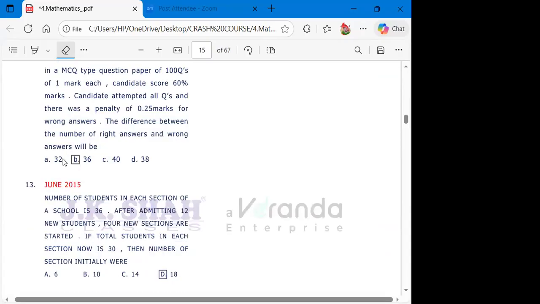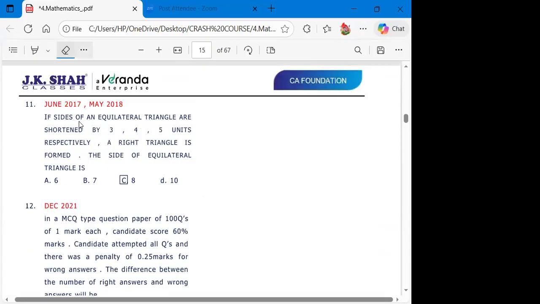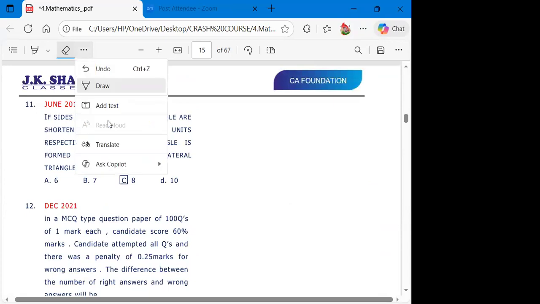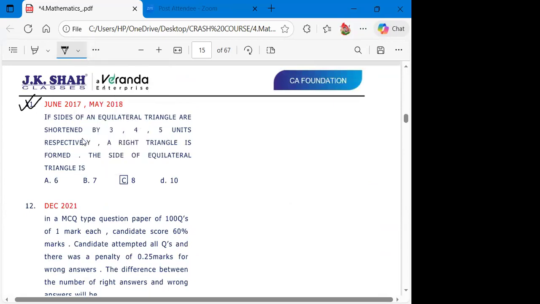Just see this one. If sides of an equilateral triangle are shortened by 3, 4, 5 units respectively, a right angle triangle is formed.